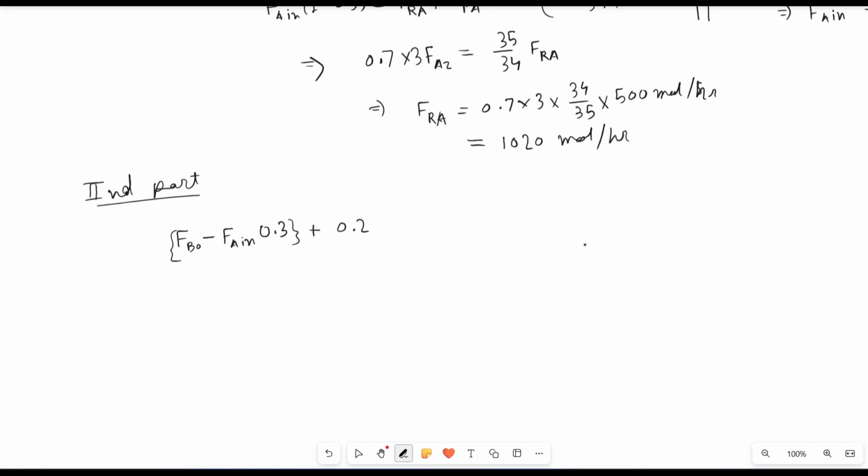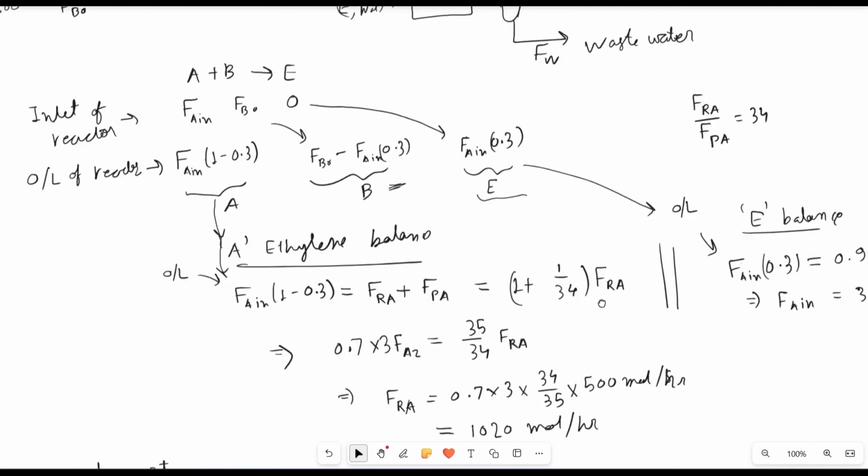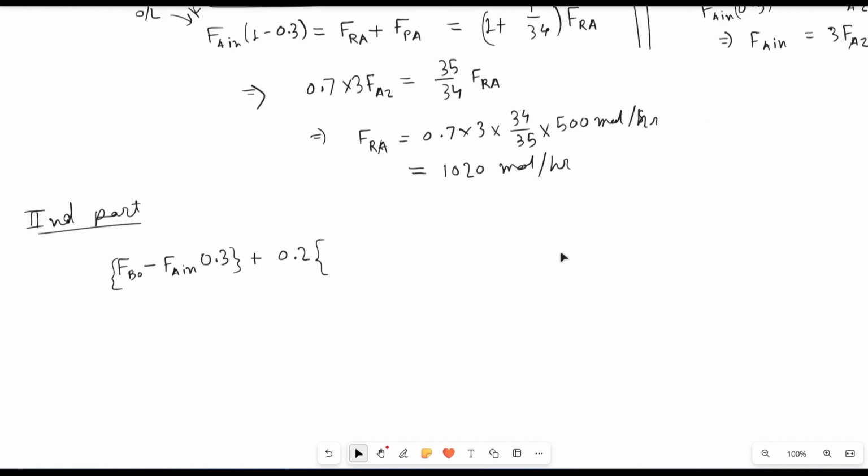Now the condensables are water and ethanol. So this term plus this term is the total condensables coming out, which is FB naught minus FA in times 0.3.